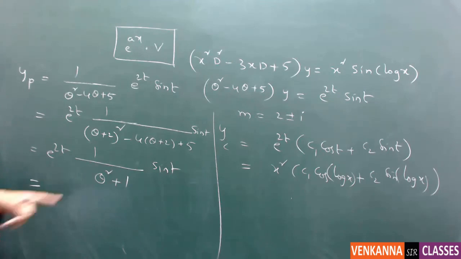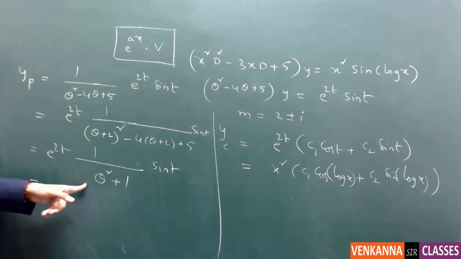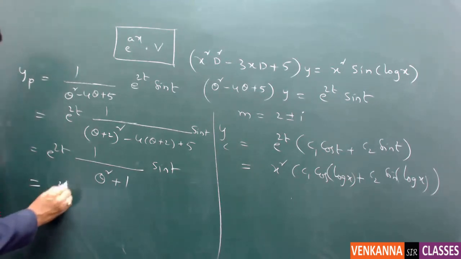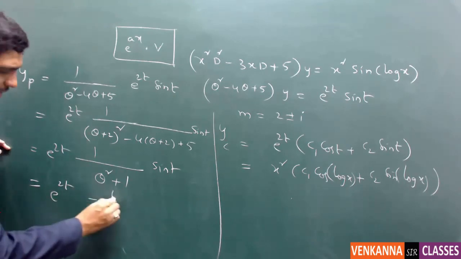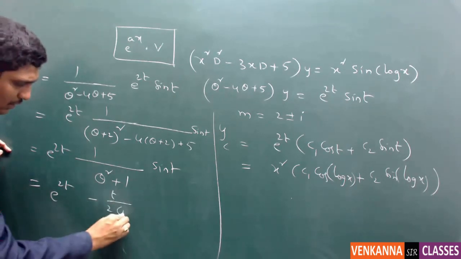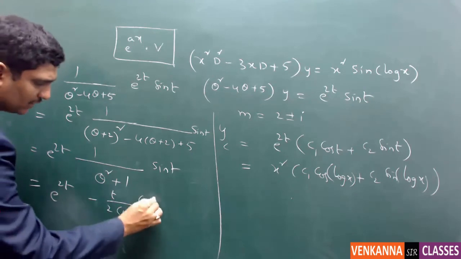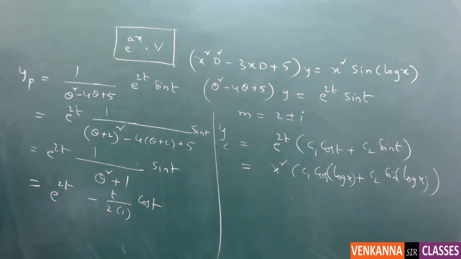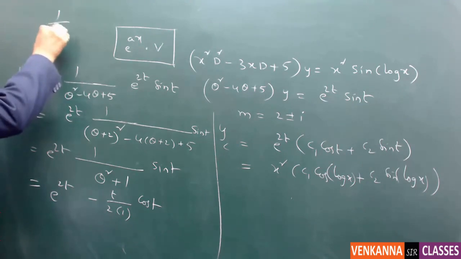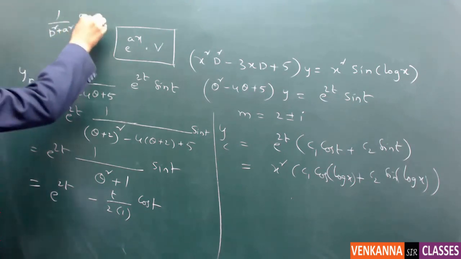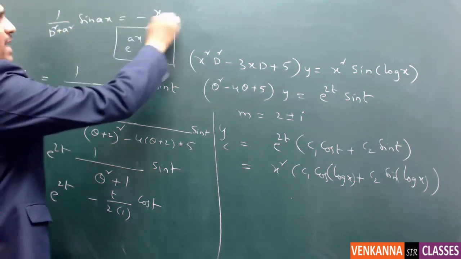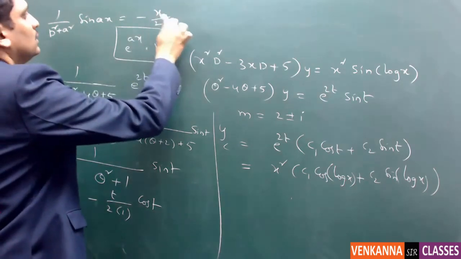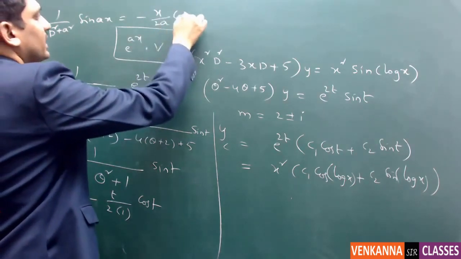So we are going to apply the formula here. So e power 2t into minus t by 2 into 1 of cos t. Can you remember this formula, all of you? 1 by d square plus a square into sin ax is equal to minus x by 2a into cos ax.